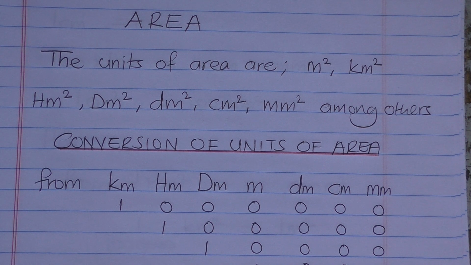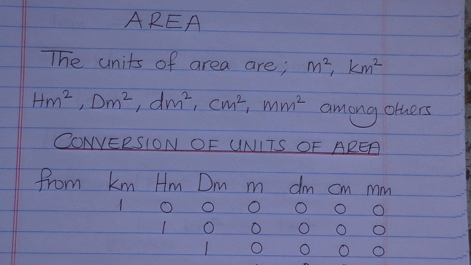Area is measured in square meters as the SI unit of area. However, besides square meters, we also have other units of area, which include square kilometers, square hectometers, square decameters, square decimeters, square centimeters, square millimeters, among other units.